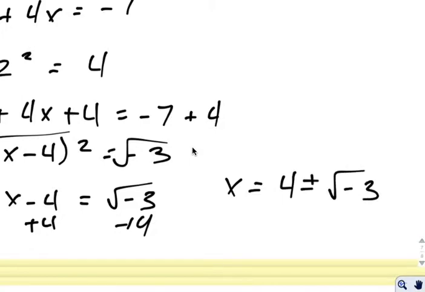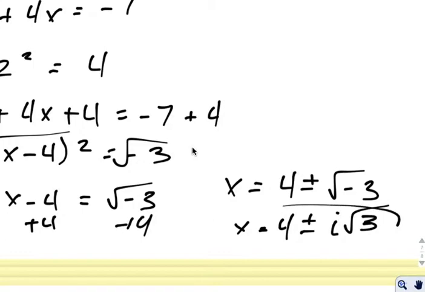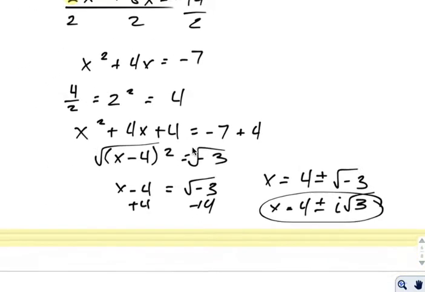However, I can't have a negative in my radical. And we know that the square root of negative 1 is the same as i, so we pull out that number and we have x equals negative 2 plus or minus i square root of 3. And that's my solution.